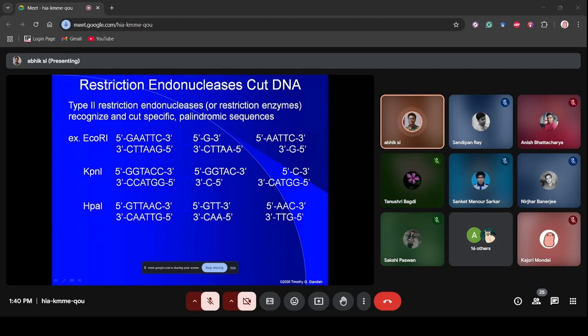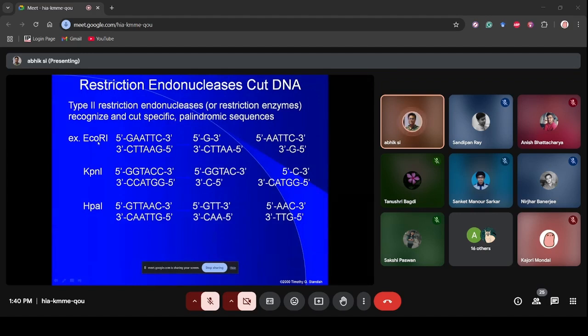So what I want to say is that if we keep this fragment and this fragment in a test tube and allow them to join, they will join, because their single stranded parts are complementary to each other. And if I add DNA ligase to that test tube, which is a type of glue enzyme that can provide this phosphate bond, then this G and A will be joined, and this A and G will be joined.